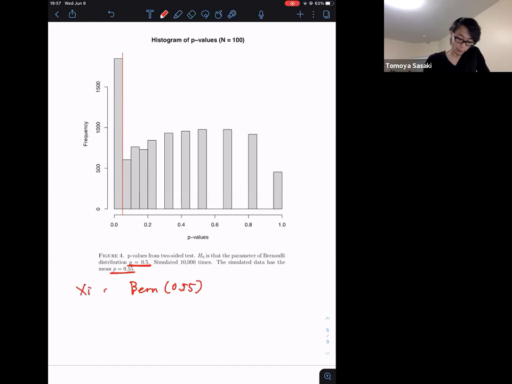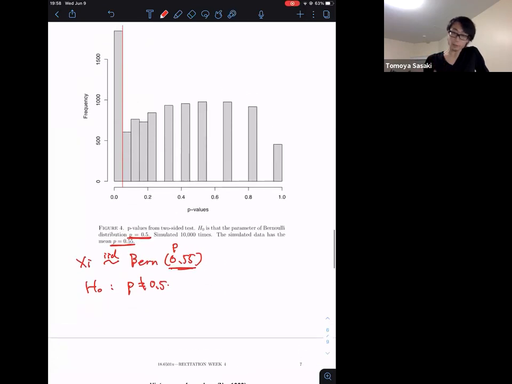So I'm creating IID random variables, and I'm testing whether this value p is not equal to 0.5. I'm pretending that I don't know the true value of this distribution, and I'm just testing whether it's equal to 0.5 or not. This is the exercise I'm doing here.